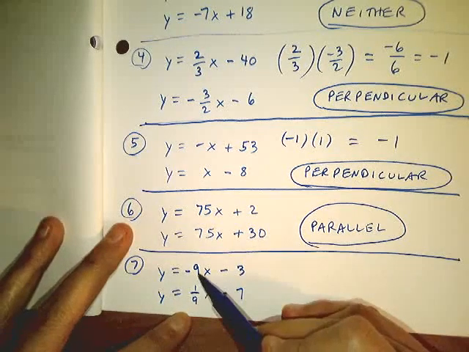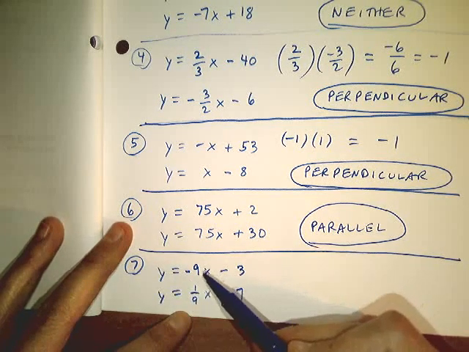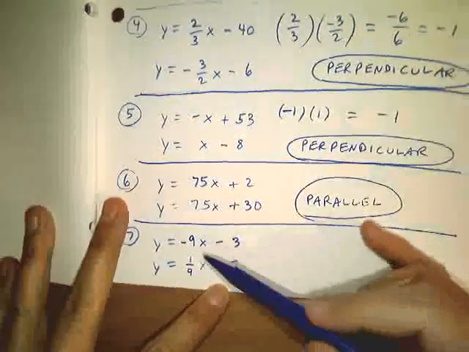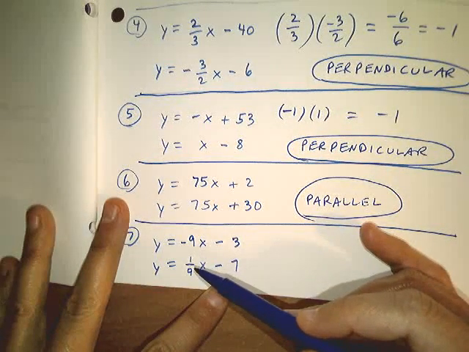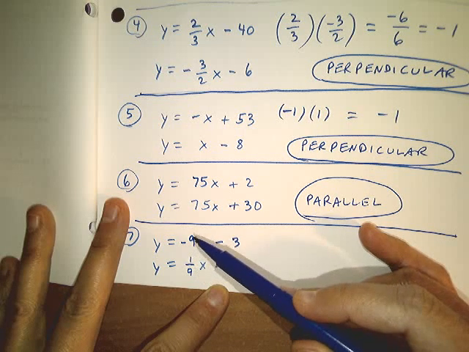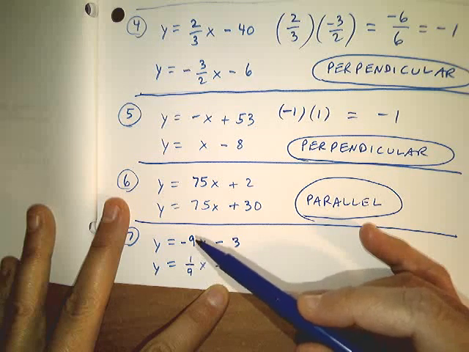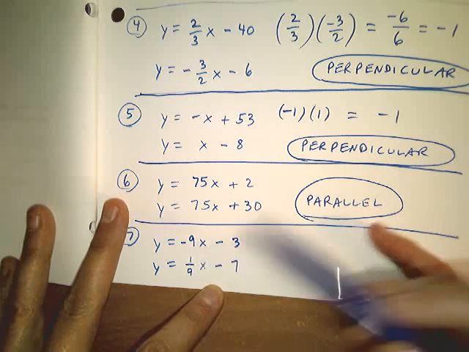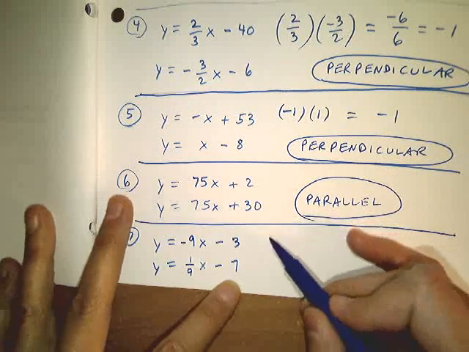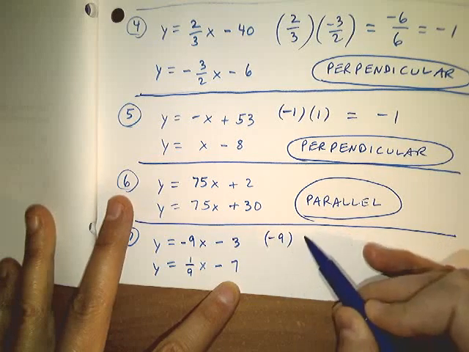And then finally, number 7 example. We have two slopes here. One is -9 and the other one is 1/9 positive. So are these two the same exact number? No. So they're not parallel. If they multiply together to be -1, then they'd be perpendicular. Let's see what we get when we multiply.